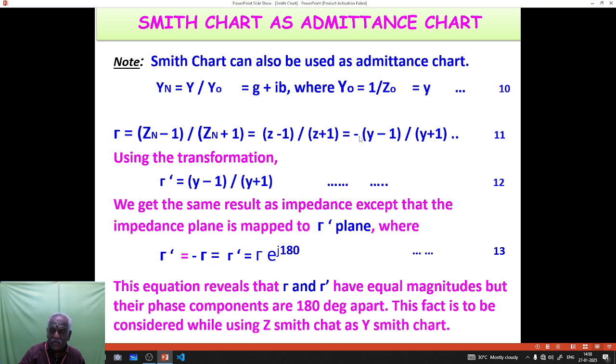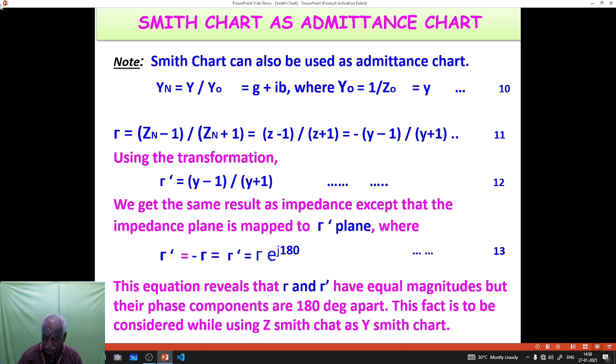Just one negative sign is appearing here. The magnitude is the same, and the phase differs by 180 degrees. This equation reveals that gamma and gamma dash have equal magnitudes, but the phase components are 180 degrees apart. This fact is to be considered while using the Smith chart as an admittance chart.